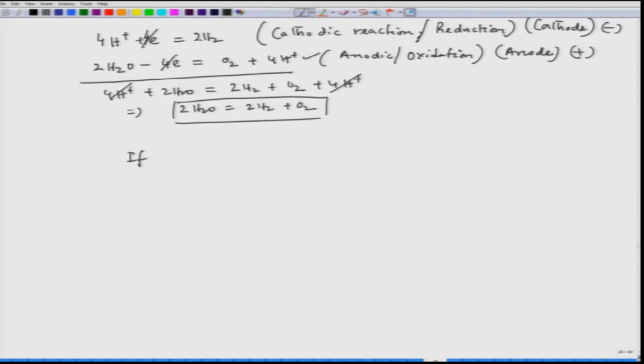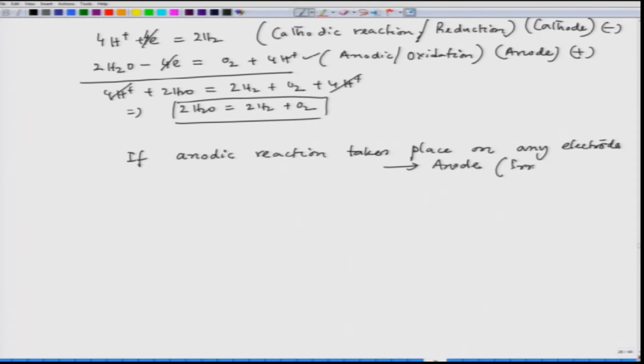So, remember, if an anodic reaction takes place on any electrode, it would always be the anode, irrespective of the positive or negative sign of the terminal.